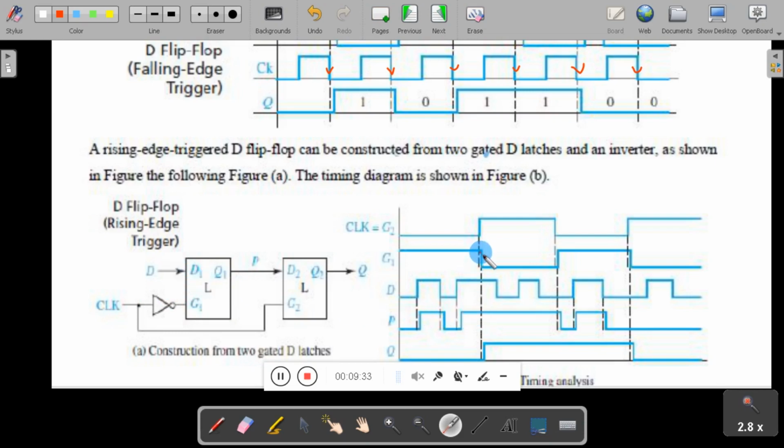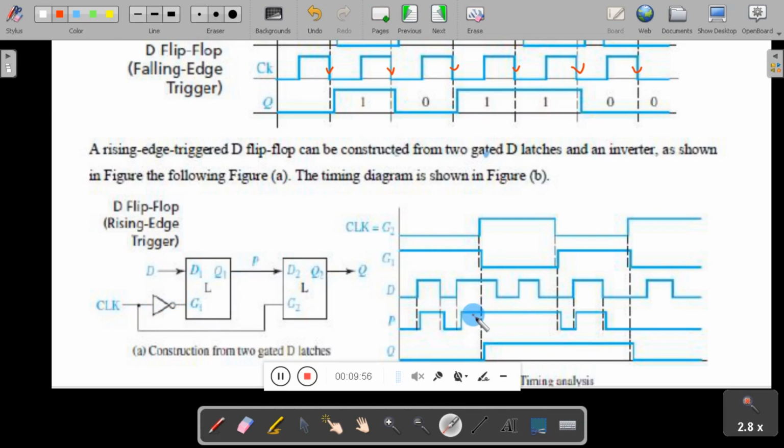So now at this stage, when clock becomes 1, G1 becomes 0. Here you can see G1 becomes 0, and at this stage P holds the last value. What is the last value here?